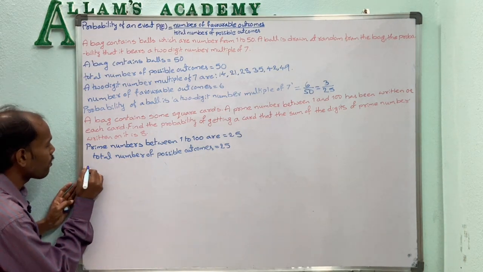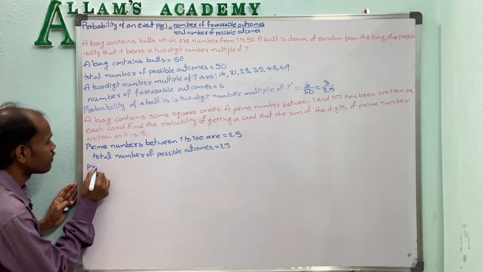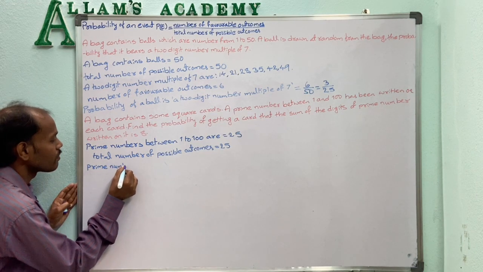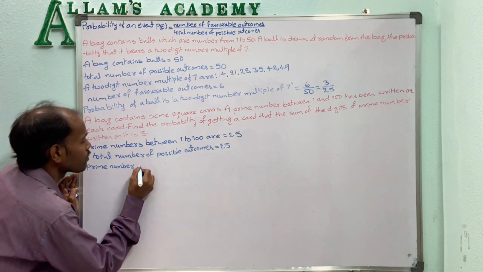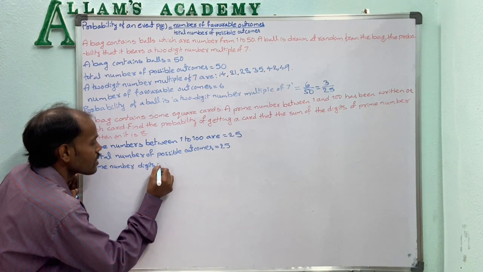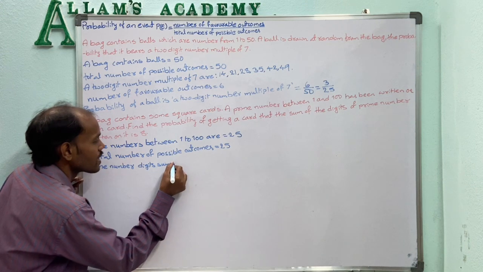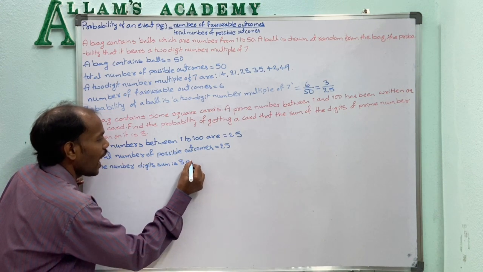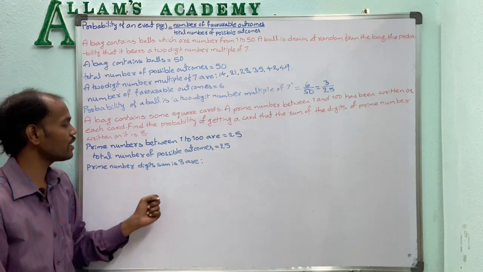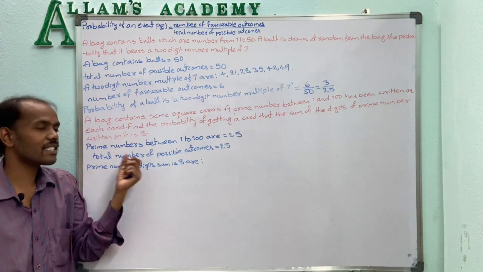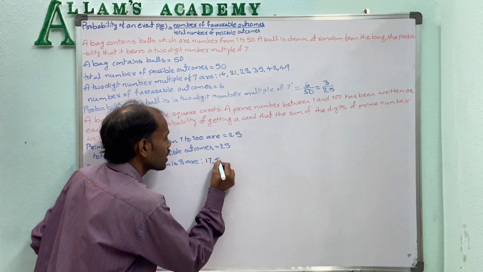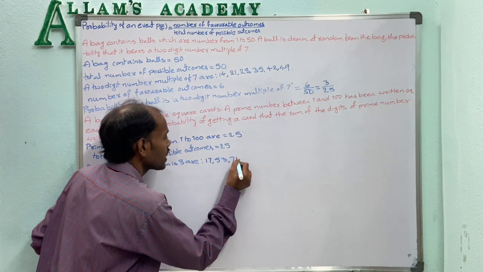Next, the question asks that the card taken has the sum of the digits of the prime number written on it equal to 8. So the prime numbers whose digits sum to 8 are 17, 53 and 71.